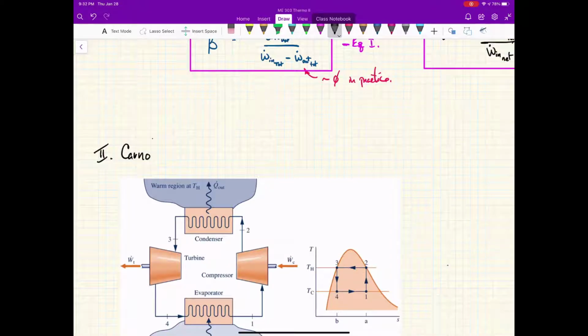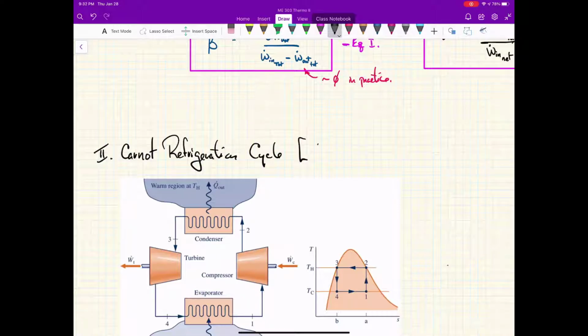Sorry, add work to the system. So Carnot Refrigeration Cycle, the gold standard. This is the Lemieux expression here for Carnot cycle.